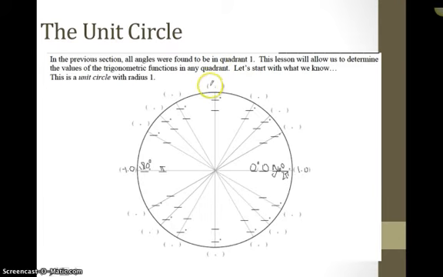This up here is (0, 1), and this is 90 degrees, and pi over 2. And then of course here (0, -1), and then here 270 degrees, or 3 pi over 2.